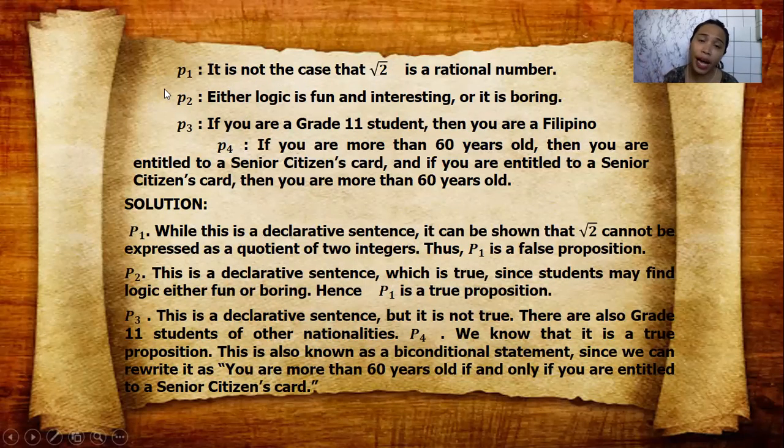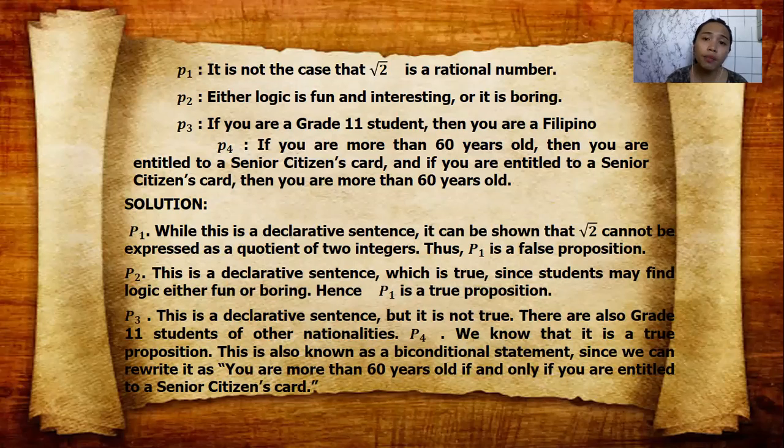Let's have this sequence of propositions. Now, let us identify if each of these statements is a proposition or not. Let's start with P sub 1. P sub 1 is the proposition: it is not the case that square root of 2 is a rational number. Since it is declaring something about the square root of 2, it is a declarative sentence, so it is a proposition.